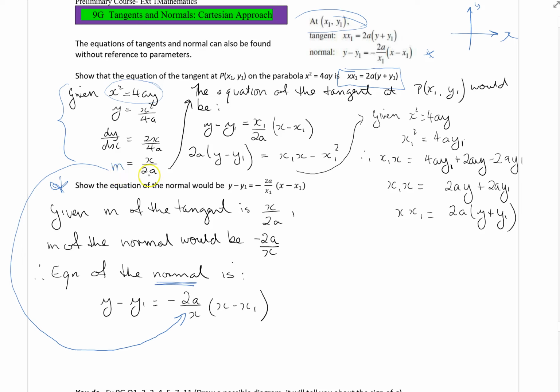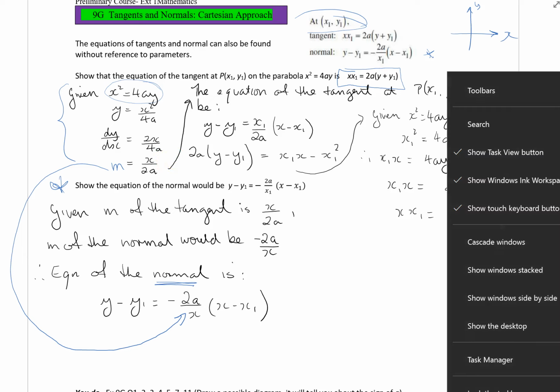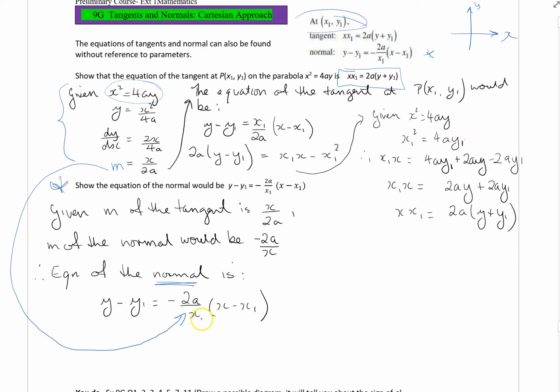We've got the gradient of the tangent, and the equation of a tangent at the point would be y minus y1 equals m, and at the point the gradient is x1 over 2a, times x minus x1.